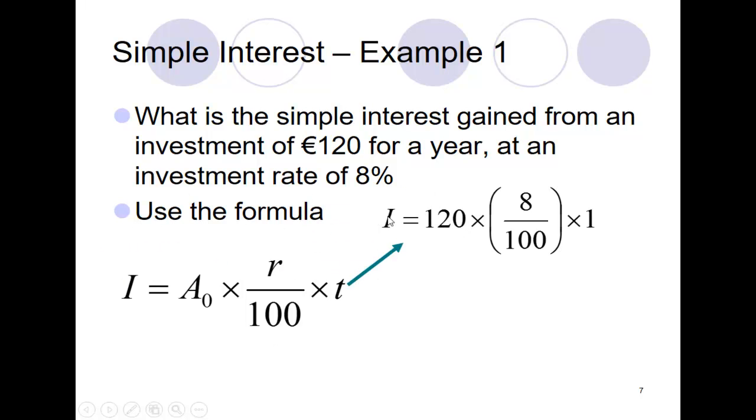So the interest is going to be 120, which is the amount you invested, multiplied by 8 over 100, or 0.08 as a decimal, multiplied by the number of years. It was 1 year. So that's us filling in all the bits and pieces, and then you calculate it out, and you get 120 multiplied by 0.08 multiplied by 1, which works out at 9.6.